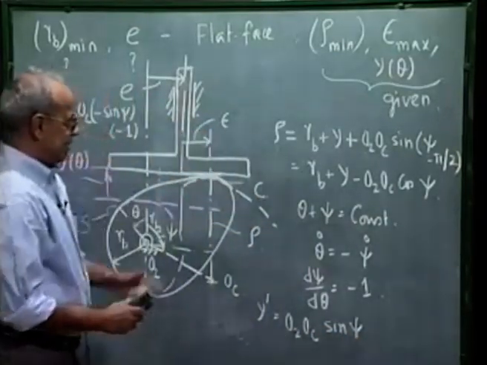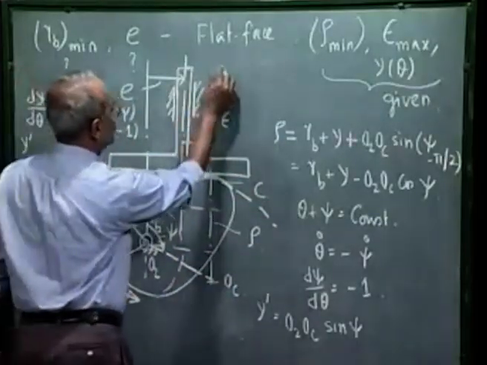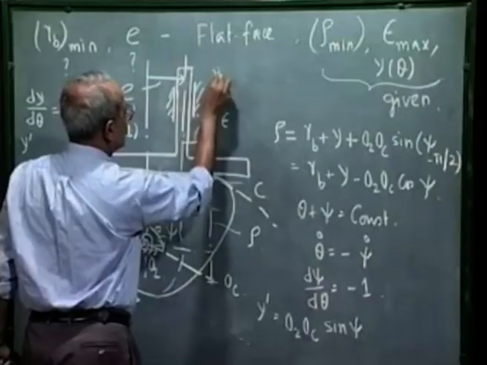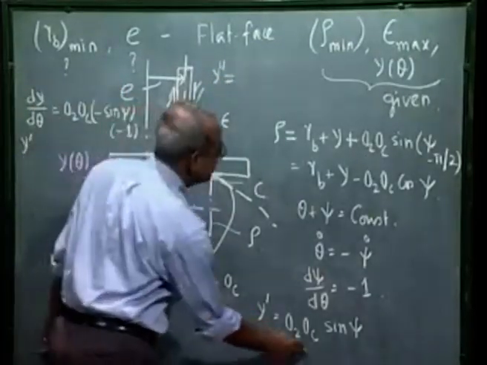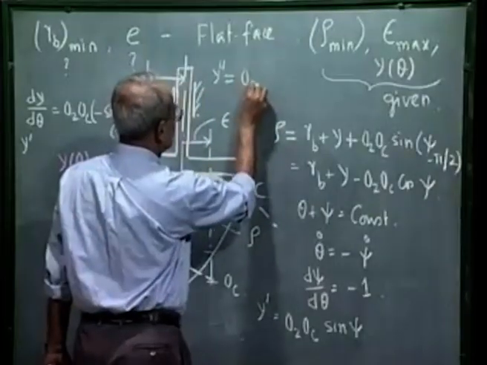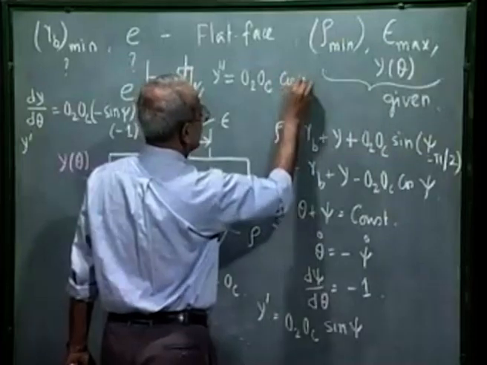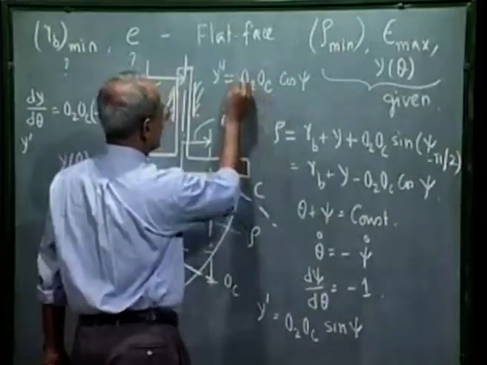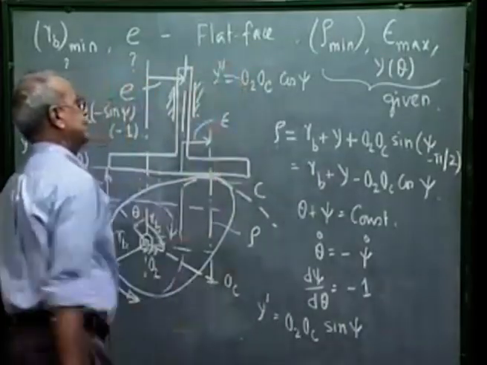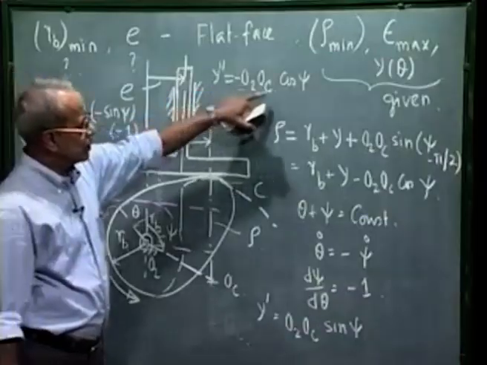As I said, these we can differentiate up to second time. So if I differentiate again, we get y double prime is O2 OC, I can treat as constant, O2 OC cos psi into d psi d theta, which is minus 1. So I write a minus sign here. Y double prime I can write minus O2 OC cos psi.